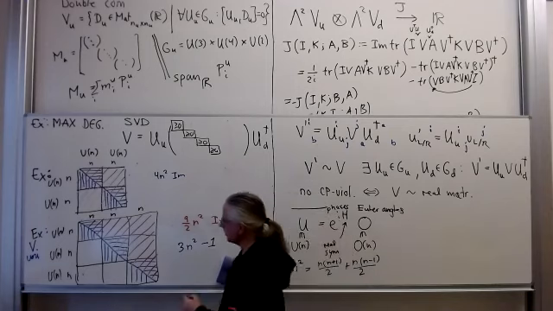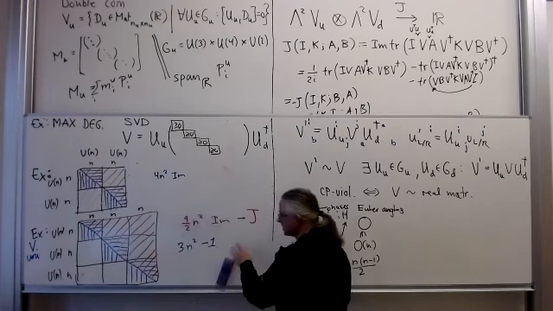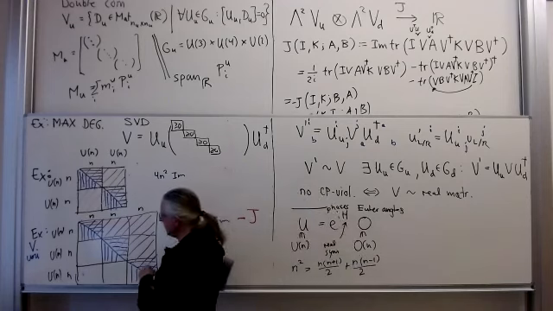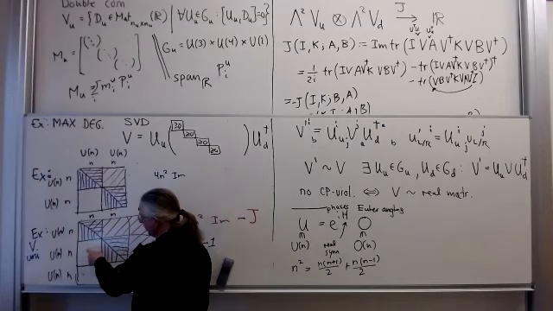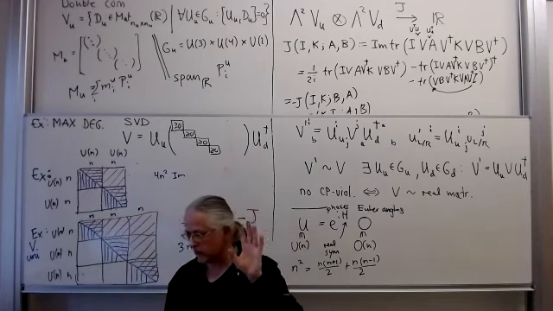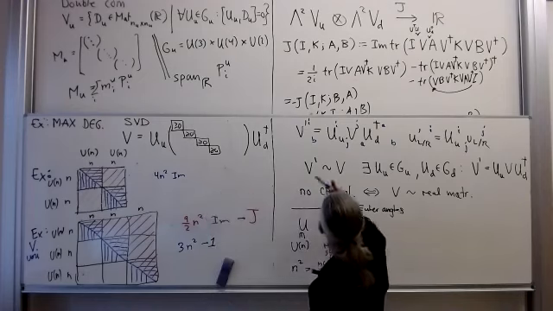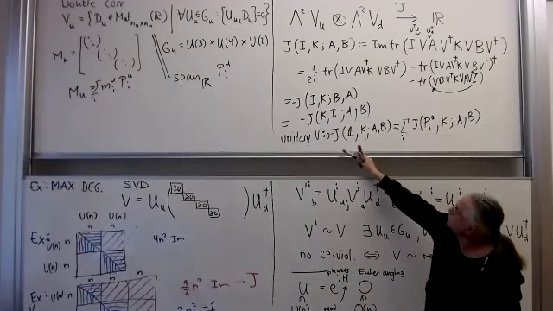And how many Jarlskog invariants can we draw here? Well, it turns out that the number of Jarlskog invariants we can make is still only one, because we are in the unitary case. Normally, if it had not been unitary, then there would be the number of antisymmetric combinations of 2 out of 3. There will be 3 here, and there will be 3 here. There will be 9 Jarlskog invariants. But they're all related because of this property here, that when it is unitary, they have to sum up to 0.